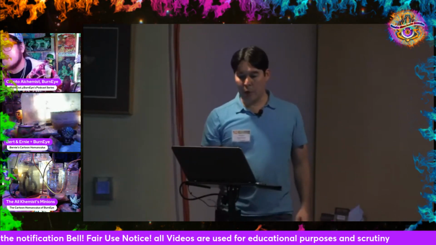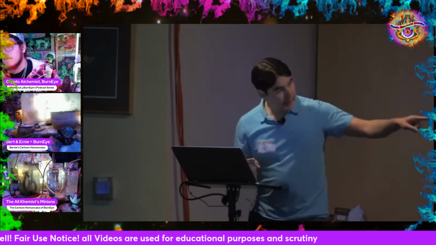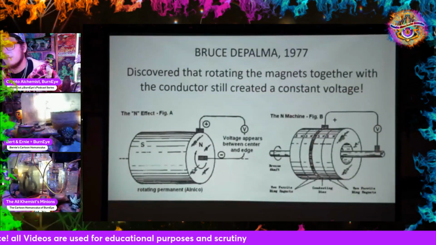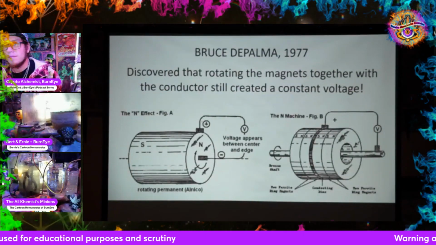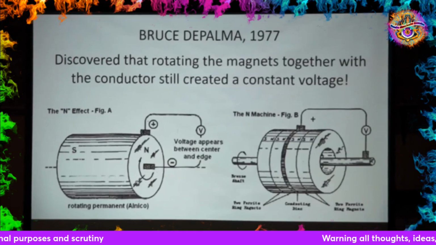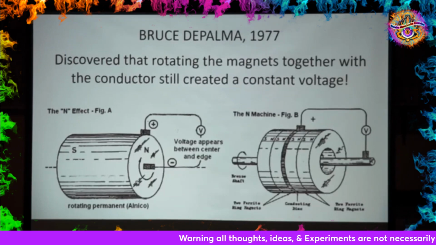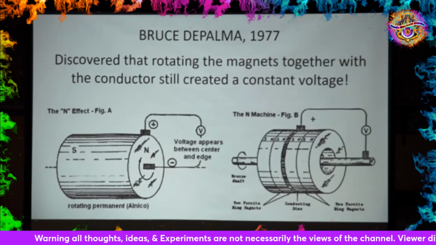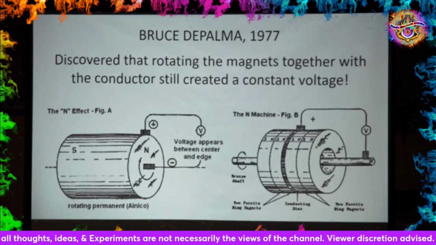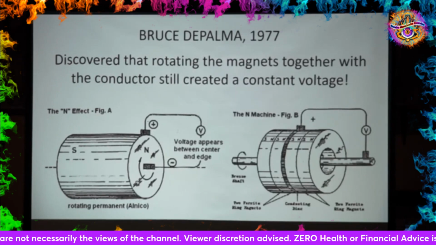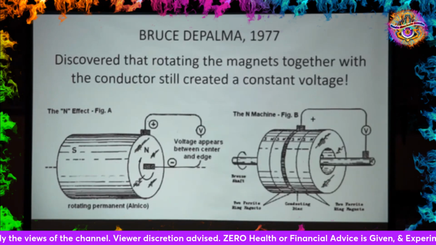And so what Bruce De Palma is showing is that if you take a disk magnet, like the one on the left, with south on one end and north on the other, and you just rotate that magnet, and I believe an Alnico type magnet would have a conductive coating on it, maybe nickel or something like that, similar to the stronger neodymium magnets today, then the magnet coating itself is a conductor.